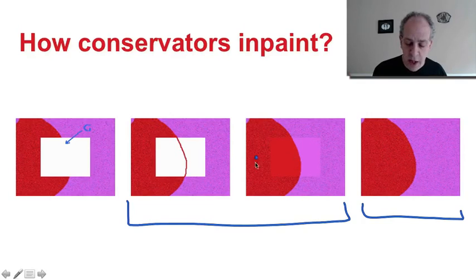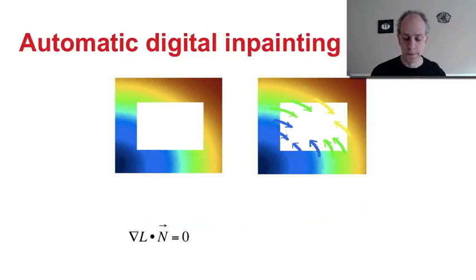It's like if this is water, we are going to let the water flow into the region, but because we have the boundary, the right water is actually going to flow into the right regions. Now, the job is to design a partial differential equation that emulates this process. And here it is.